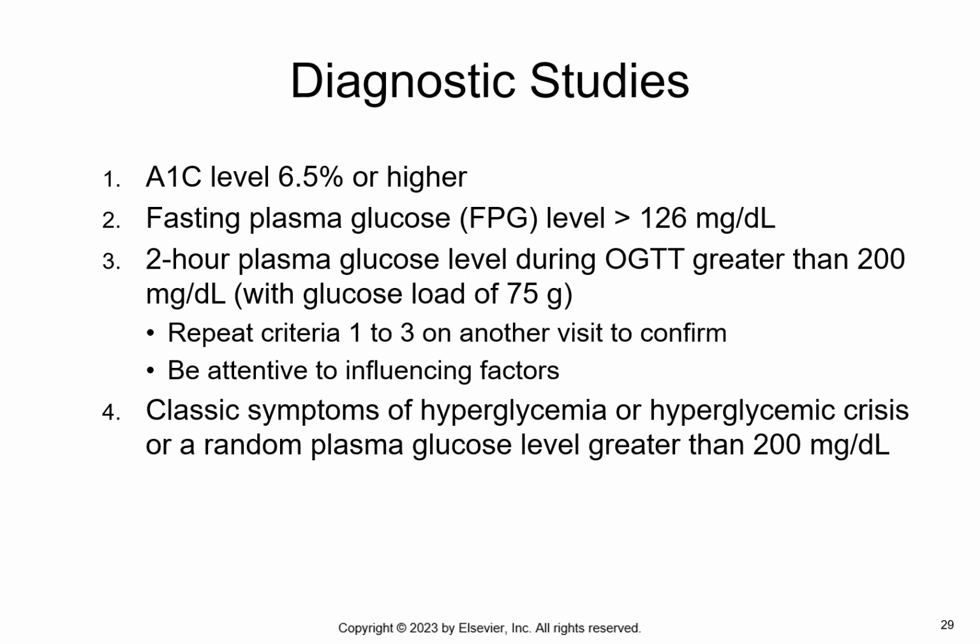Otherwise, criteria 1 through 3 require confirmation by repeat testing to rule out laboratory error. The repeat test should be the same test used initially. For example, if a random high glucose was the initial measurement, that same measure should be used to confirm a diagnosis. The accuracy of lab results depend on patient preparation and attention to many factors that influence the results.